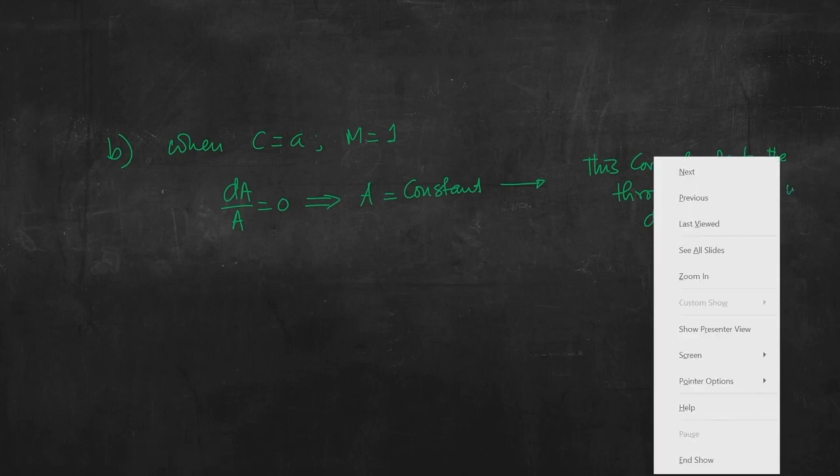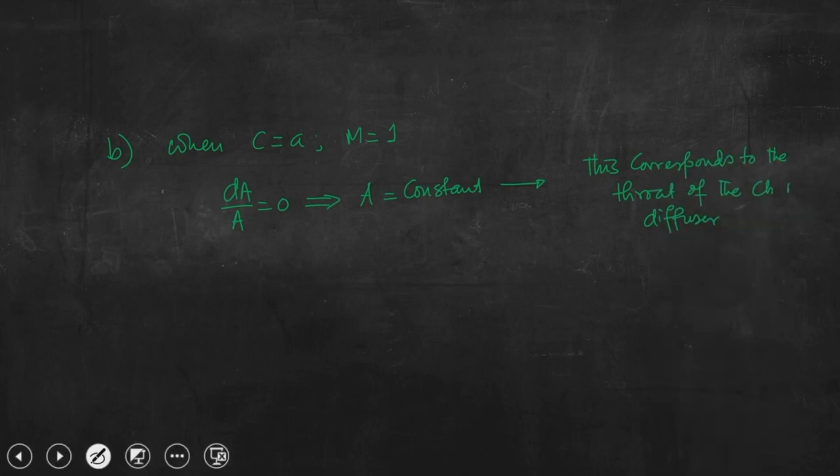I am writing channel again, diffuser. Now, that means if the flow is through a channel having gradually increasing area, then also m equal to 1 is the case when throat is reached.